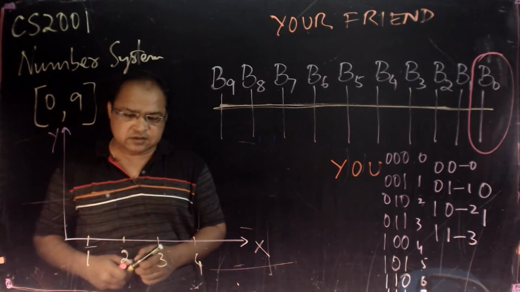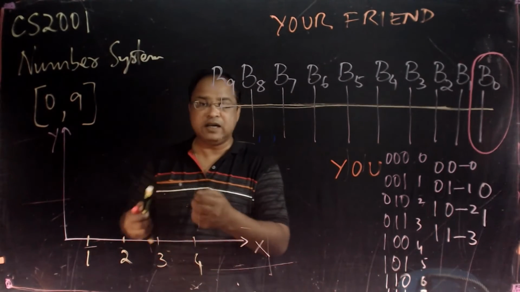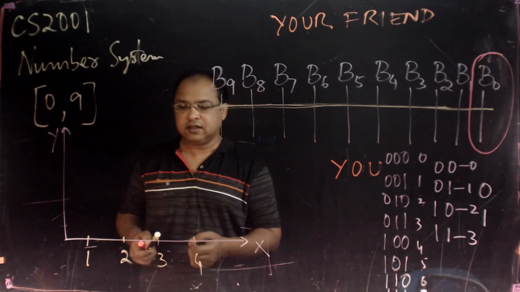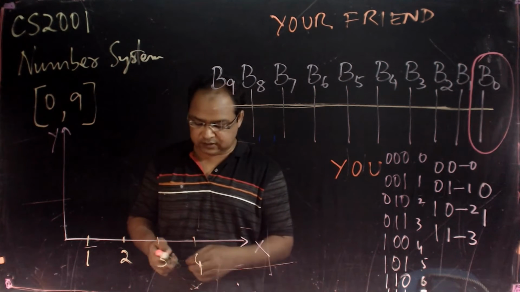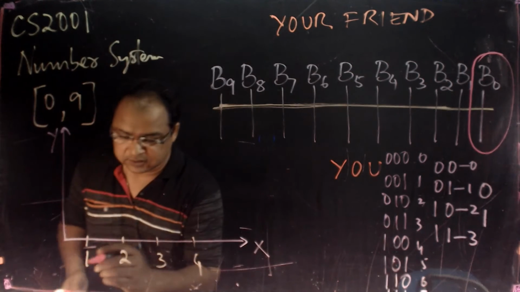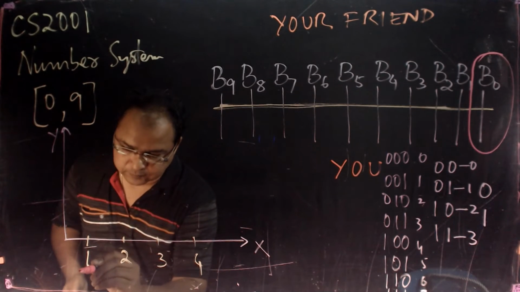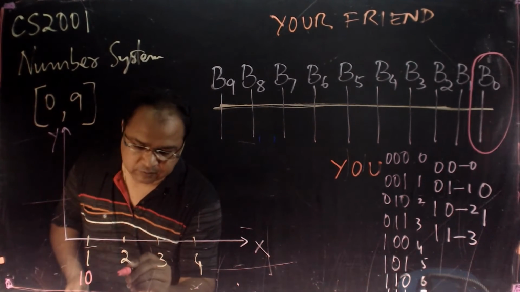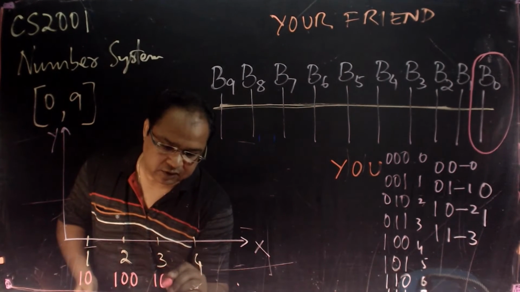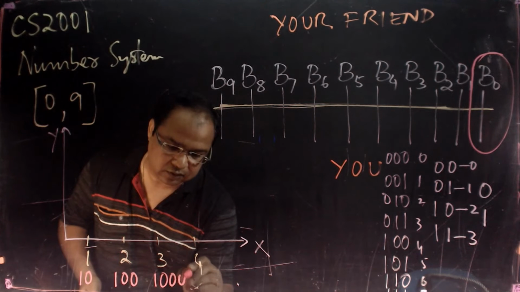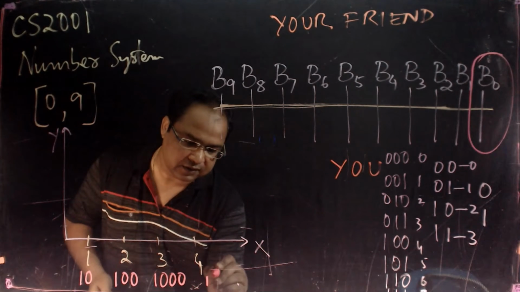Here 1 means 1 decimal digit, that is the number of different possibilities you have is 10. Here the number of possibilities are 100. Here the number of possibilities are 1000. And here it is 10,000.